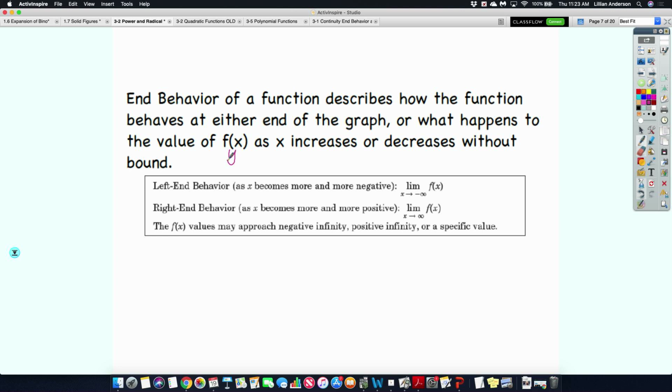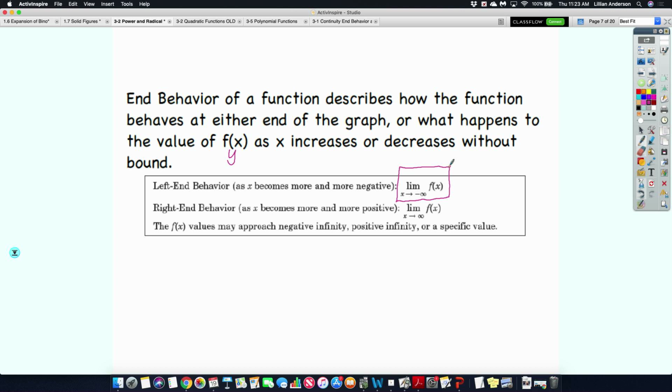To describe end behavior, you use limit notation, which is what you see right here. This is limit notation. The LIM stands for limit, and it's saying the limit as x approaches negative infinity of f of x. Okay?